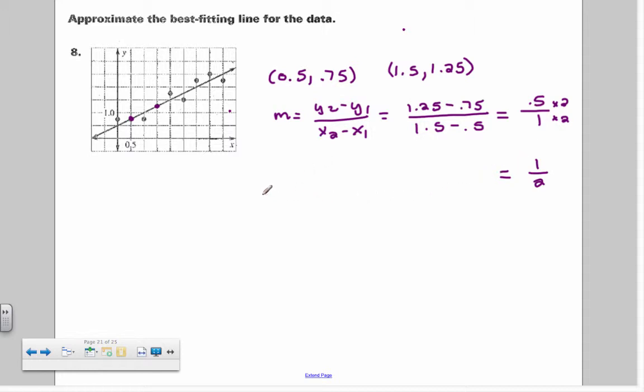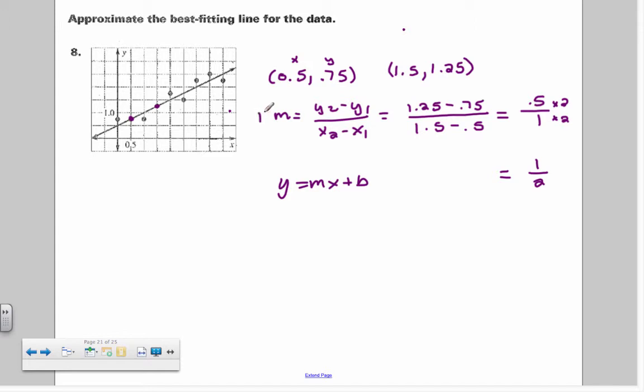So again, I'm going to use the same steps that I would use for finding a line given 2 points, and I'm going to plug in an x and a y and my slope that I found. So let's go ahead and just use x and y here. I'm going to plug this into y equals mx plus b.